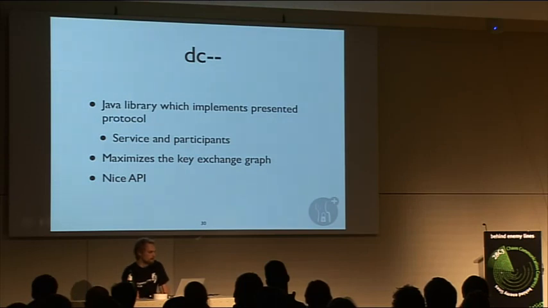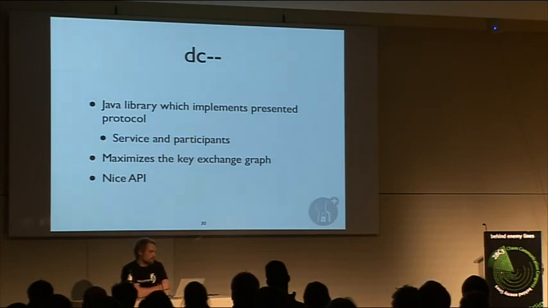What I did as well is an implementation in Java. It's a library which implements the presented protocol as a service and as well the participants. And it automatically maximizes the key exchange graph, so you will be as anonymous as you can be within the set of anonymity of the participants.